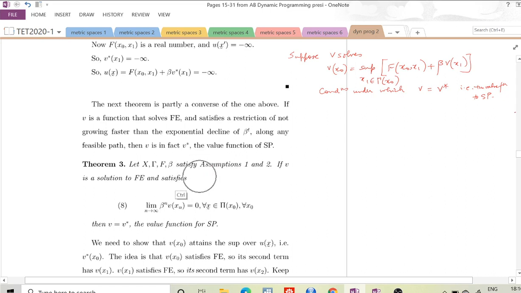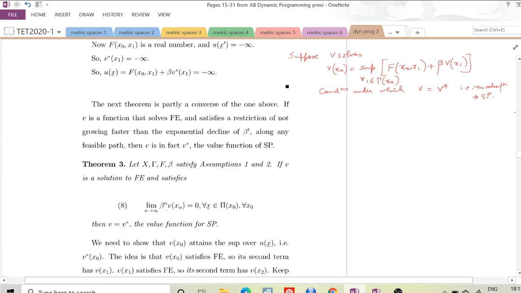Suppose V is a solution to the functional equation, and V also satisfies this property 8, which is that for all starting states x naught and all feasible plans x tilde starting at x naught, these feasible plans satisfy that the limit of beta to the n V of xn goes to 0 as n tends to infinity.